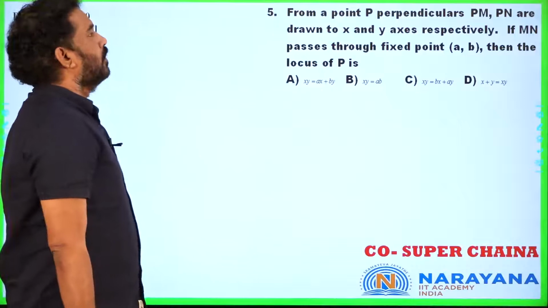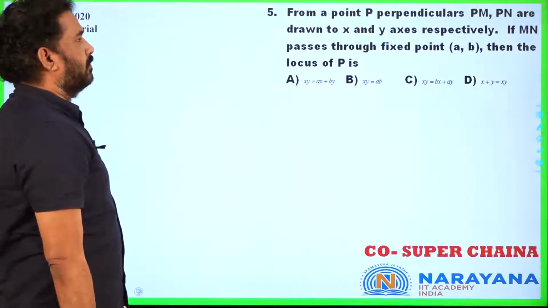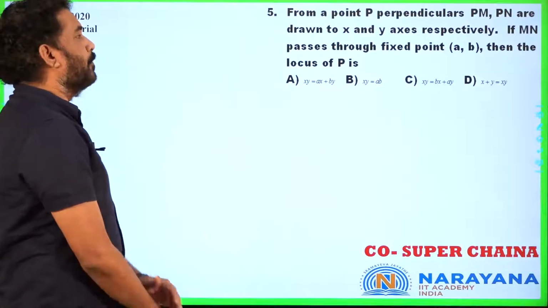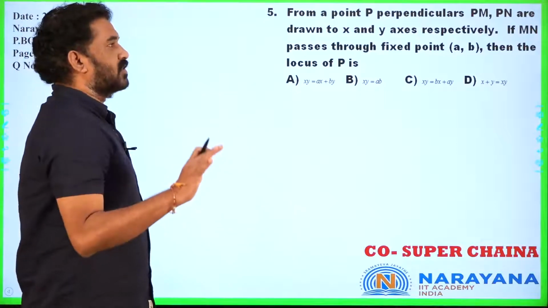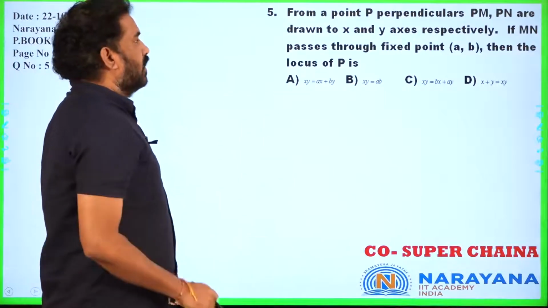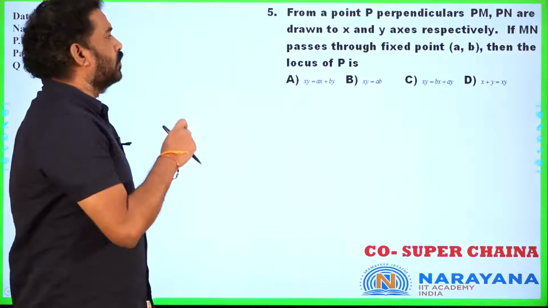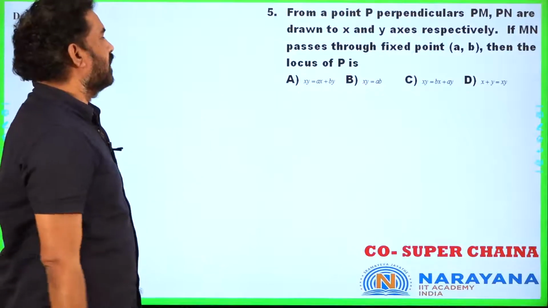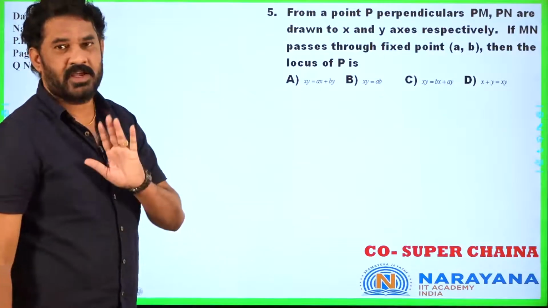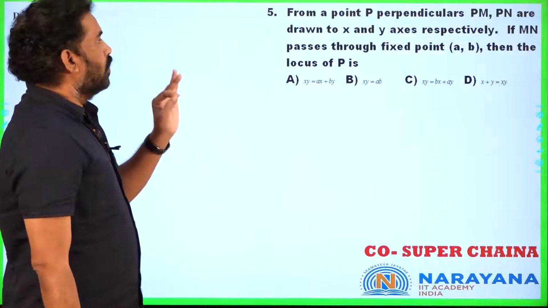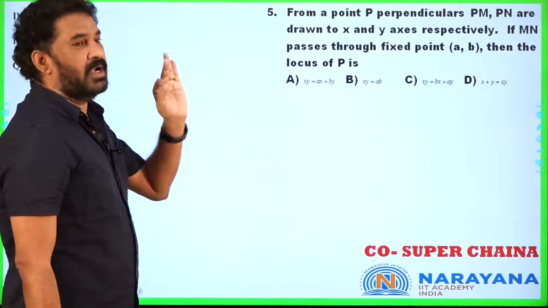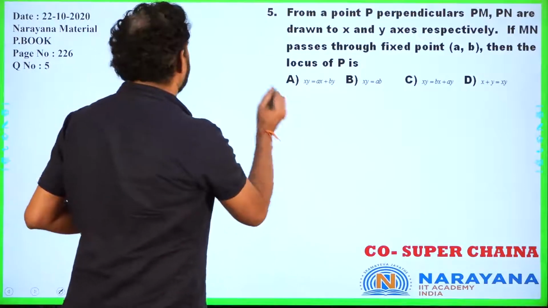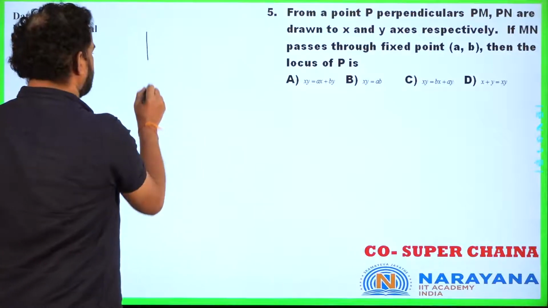Next, from a point P, the perpendiculars PM, PN are drawn to the x and y axes respectively. If MN passes through a fixed point (a, b), then the locus of P is dash. Okay, so a variable point P is there. Let us take the coordinate axes like this.